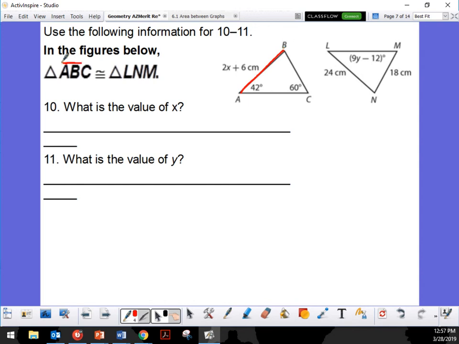AB is congruent to LN, right? Okay, so now I'm going to set this right here equal to LN, which is 24. Very good. So I'm going to do the math right here. I'm going to say that 2x plus 6 equals 24. Got to do some algebra here, right?